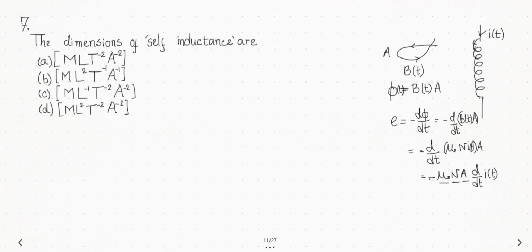Mu naught is a constant, N is a constant, A is a constant. So the thing comes like that: E, the EMF induced in the N turns of this coil, is proportional to the change in current.